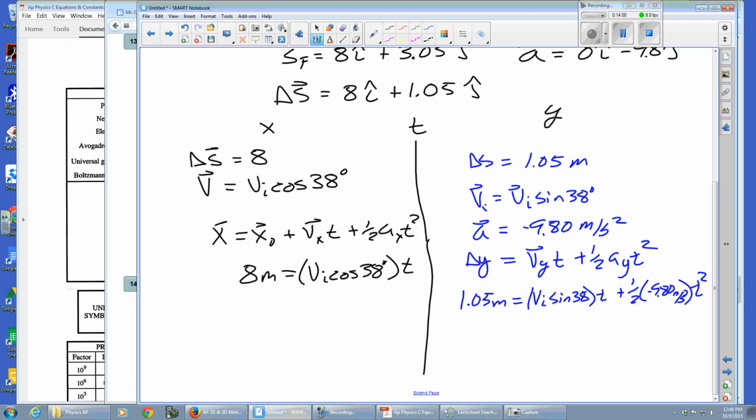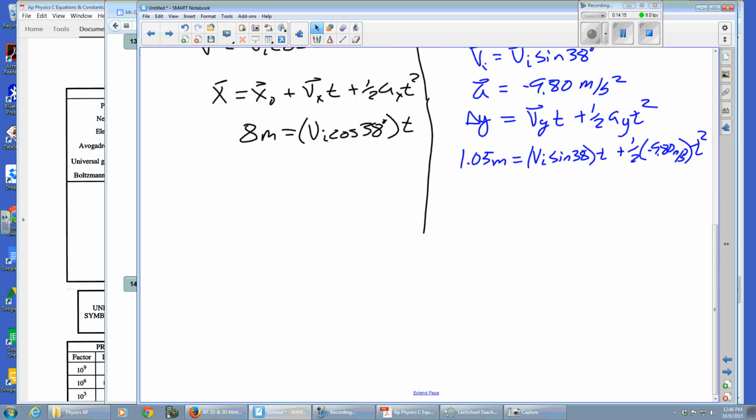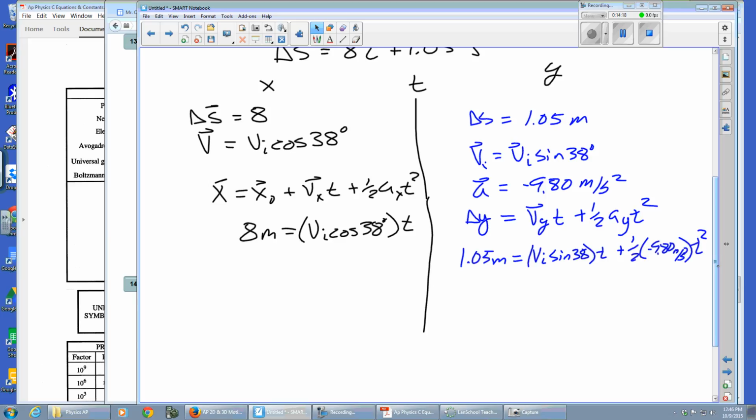Nice is that the t is common, and so I can remove the t by, like we did the other day, solving one side for t and then substituting it into the other. So bring these together now. I'm going to do 8 meters over vi cosine 38 degrees equals t.